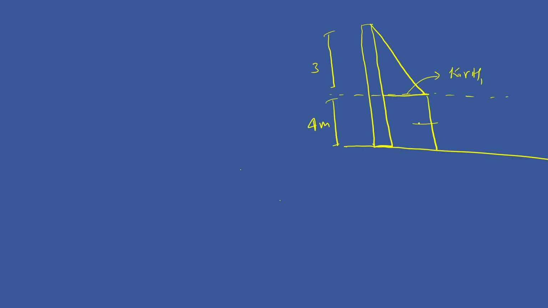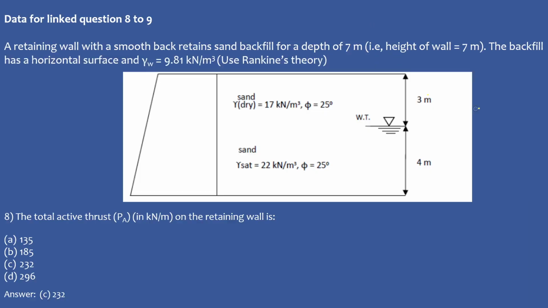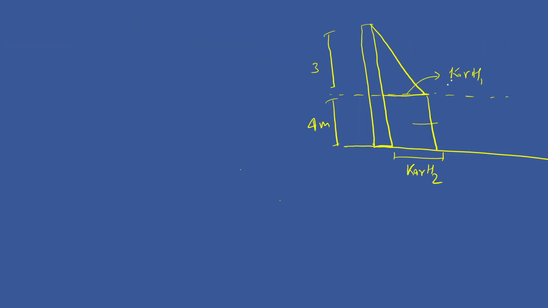So this will also have the magnitude k into gamma h1, and then we'll have another stress block which is available from the soil block.